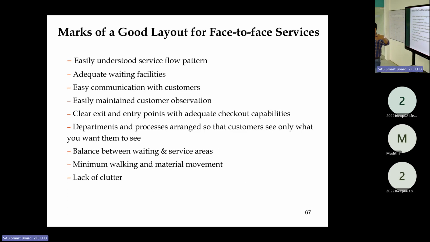When it comes to face-to-face services and their layouts, some of these concepts are relevant. Because in face-to-face services like supermarkets to banks, customers may come, service providers may interact with them and create the service and deliver. So the layout should facilitate that.